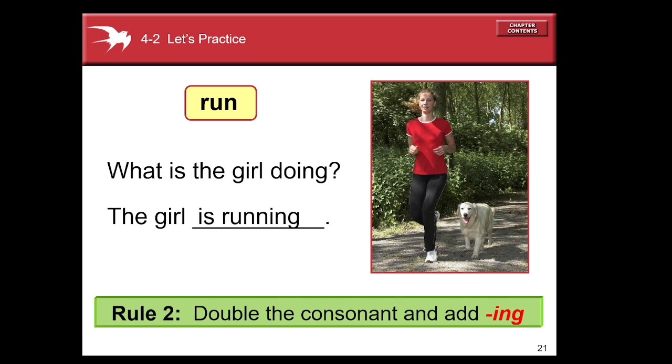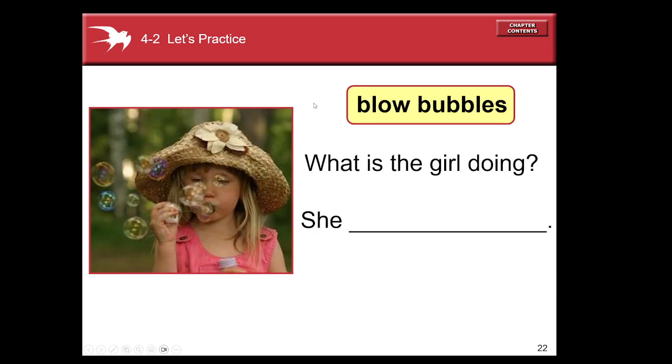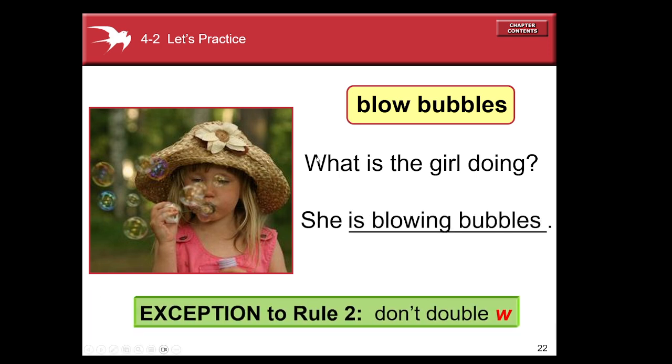In this case, we duplicate the last letter, the consonant. Again, look at the picture. What is the girl doing? She's blowing bubbles. That is the exception to rule number 2: when a verb ends in W, X, or Y, we don't duplicate the last letter. In this case, we don't double W.